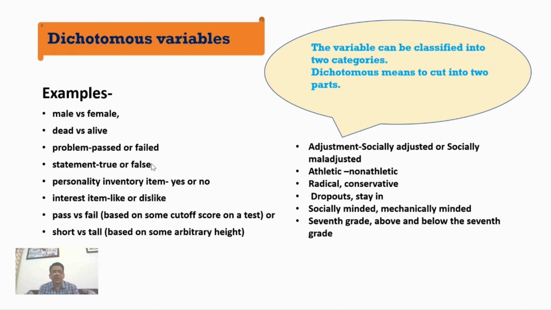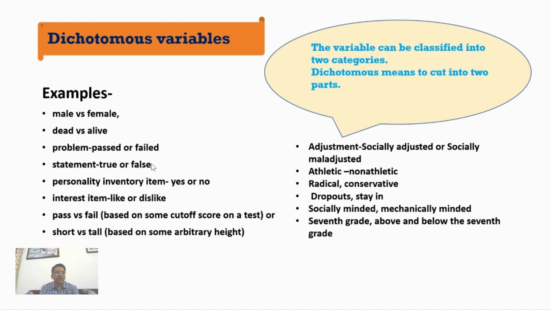There are some examples of dichotomous variables, like male and female, dead versus alive, and if any statement is asked, there may be two responses, that is, true or false. Similarly, any problem's response can be categorized into two parts, that is, passed or failed.